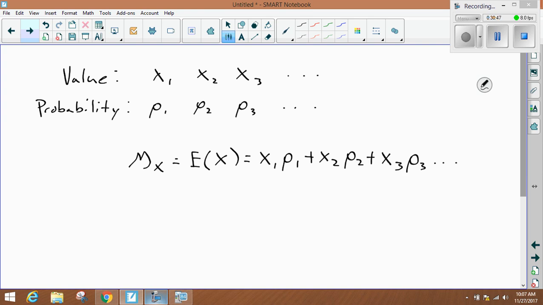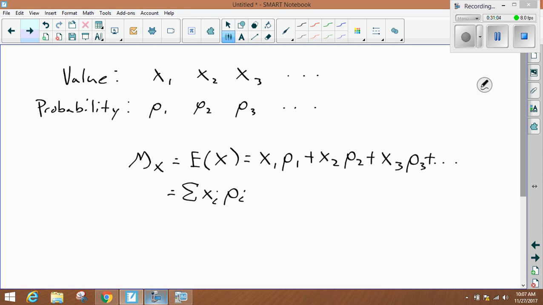We can keep going on. Which is going to be the same thing. We can say it is the sum of xi times pi.